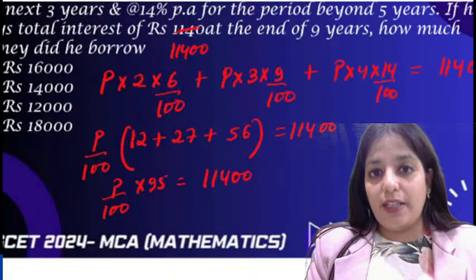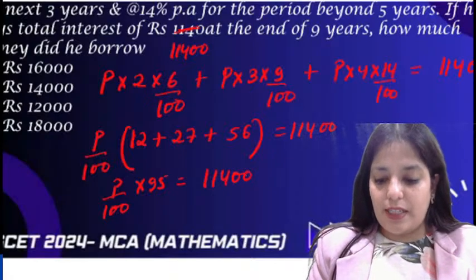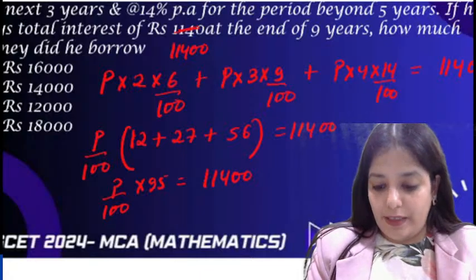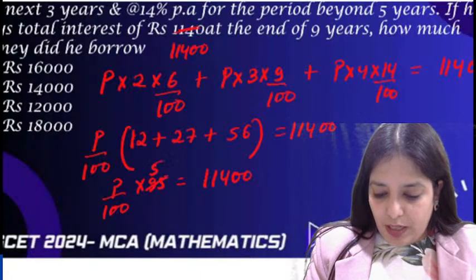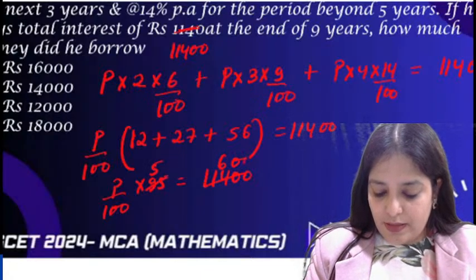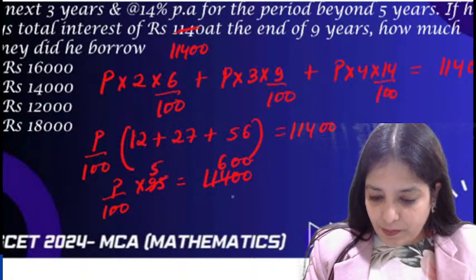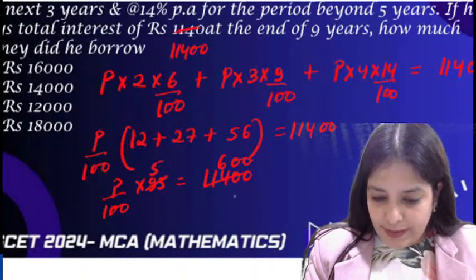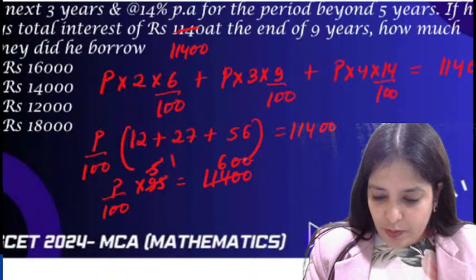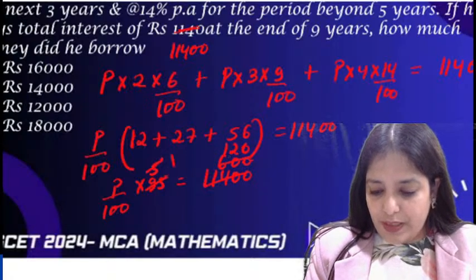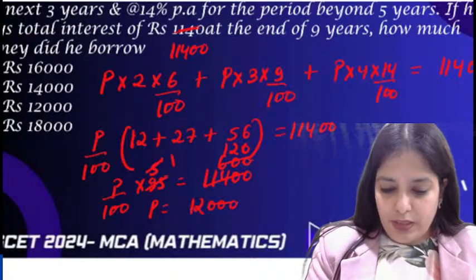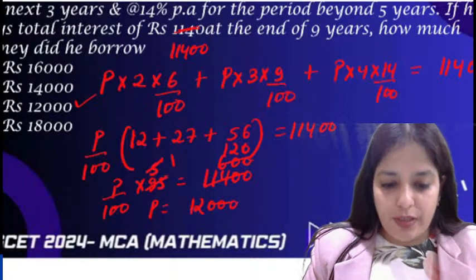If you are good at tables, you'll quickly be able to recognize these are the multiples of the table of 19, right? So that's 5 star and that is 6 star. So that's 120. So principal will come out to be 12,000. That's option C.